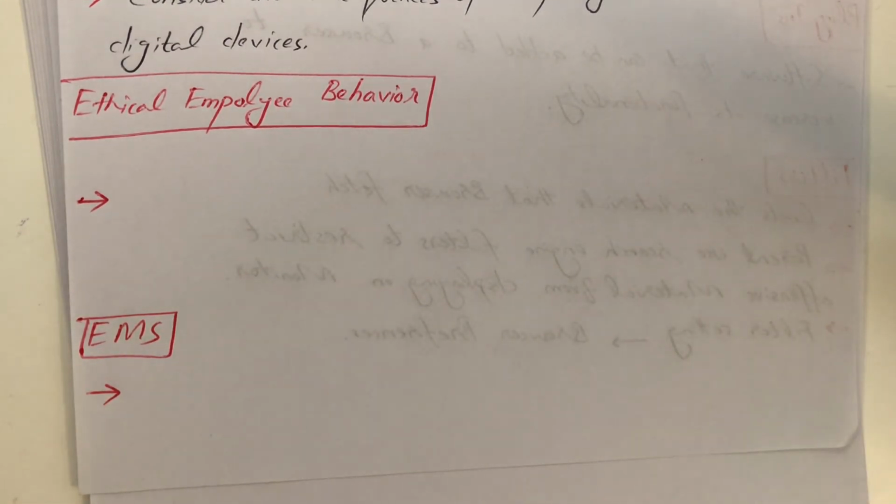Ethical employee behavior. Employees should follow the acceptable use policy while using the organizational resources.